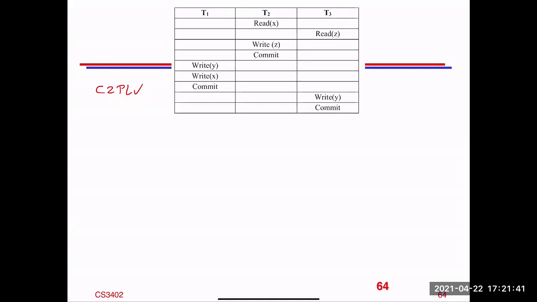strict two-phase locking. Are we running into any deadlocks here? Yes, we are, right? Which transactions are involved in a deadlock? Because sometimes only a subset of the transactions are involved in a deadlock.